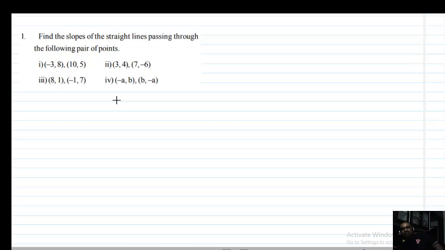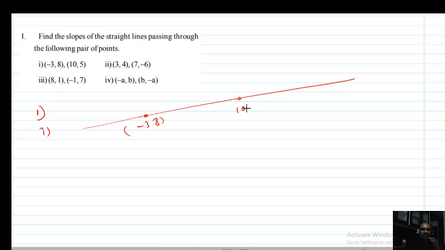Some example problems, students. First problem: find the slope of the straight line passing through the given points. Two points are given here, minus 3 comma 8 and 10 comma 5. We want to find its slope.